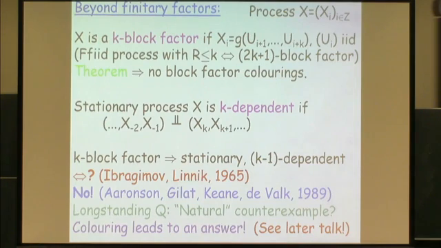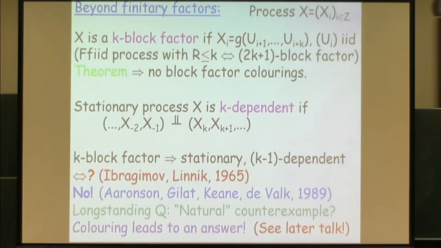So that just means it's much, much simpler than the definition I gave before. It means you get all your randomness from some IID random variables, and to determine my color, I just look within distance 10 and I can compute it, or within distance k. In one dimension, you can call it a k block factor if it's a block of length k rather than 2k.